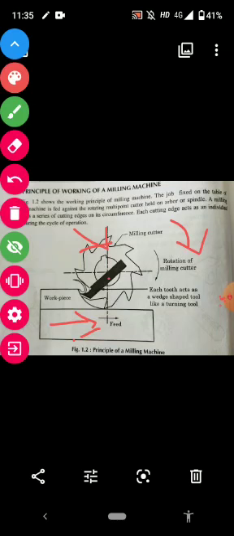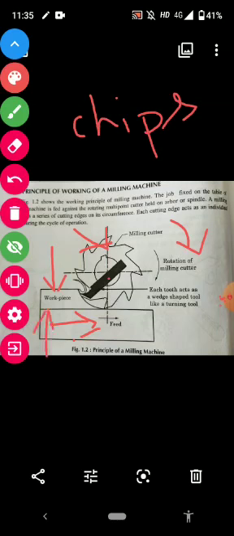So the extra material is removed in the form of chips. I again repeat, extra material is removed in the form of chips, and here is the depth of cut. I hope you have understood this working principle of the milling machine.